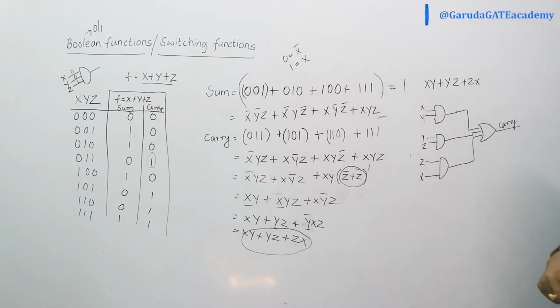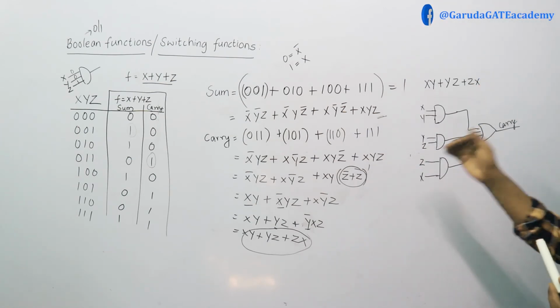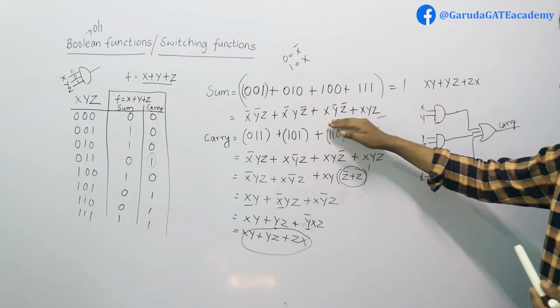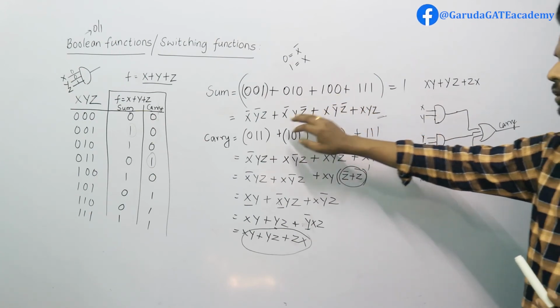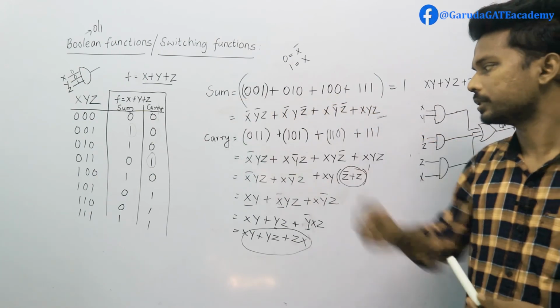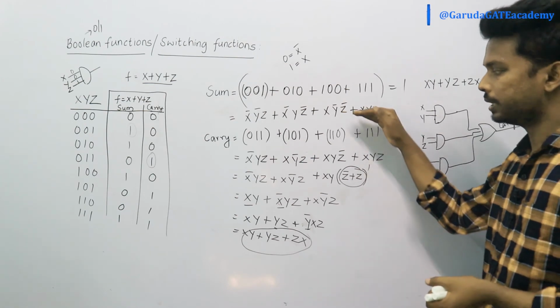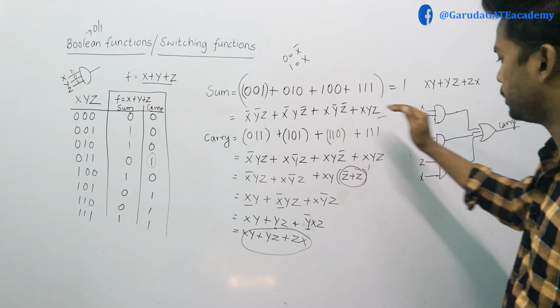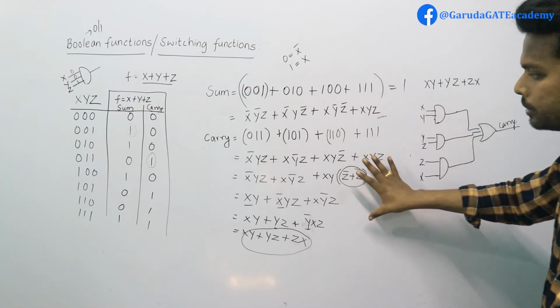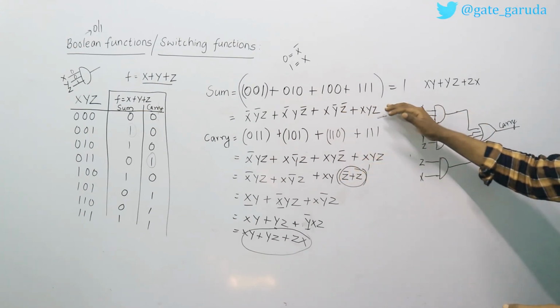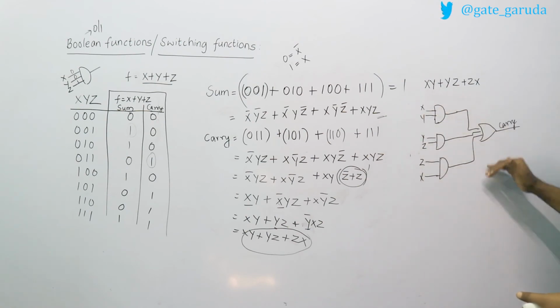So using those elements, we're going to form this circuit, which will be the function for sum. So functions are very important to get the expression. By having the expression, you can simplify if possible. If not possible, you will be designing a circuit like this.